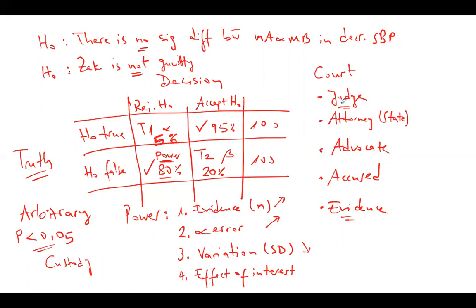Because, again, explaining from the court example, there are some judges who are not so sensitive when giving a decision, who don't want to know all the details. For them, it is enough to have some kind of evidence. But there are some others, they want to know all the details.